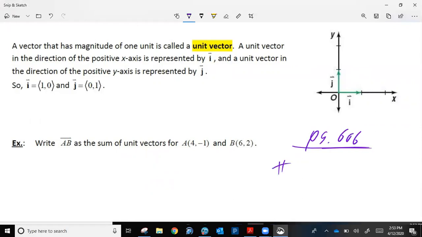Page 606, number 25 to 43 odd. You will have a quiz on Friday this week in Schoology. It'll cover some of this material. Wednesday, we'll have a new lesson. Wednesday's assignment will be a Schoology-based assignment you'll need to do on Schoology and submit. And again, Friday's quiz will cover the stuff from today and Wednesday.